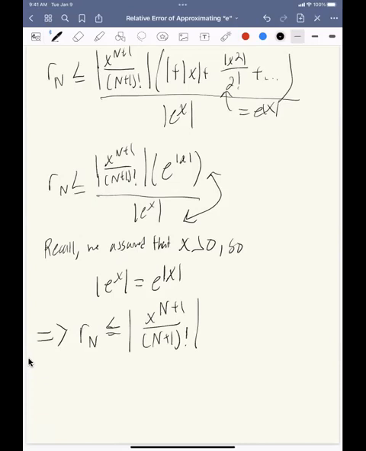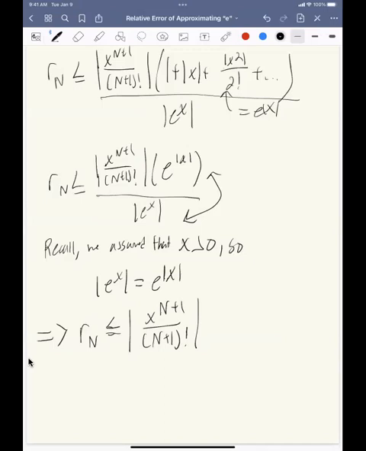As long as x is greater than 0, we know what the relative error must be smaller than or equal to. We know its largest possible value. It can be smaller, but it cannot be larger than this bound here. So that's a nice little proof.